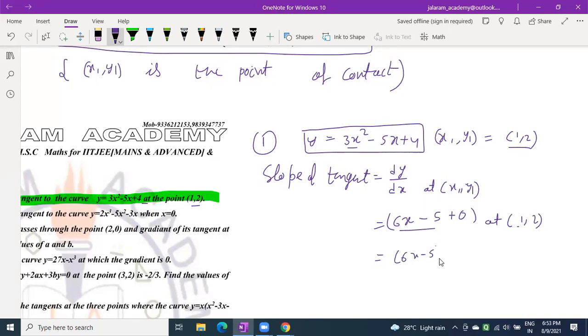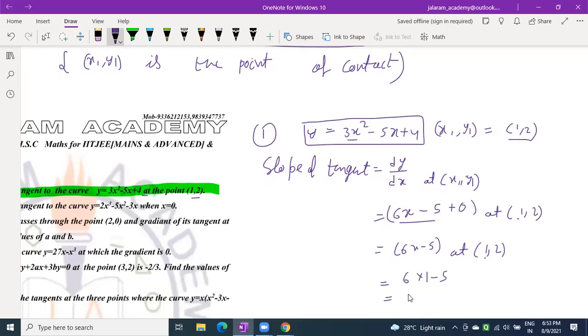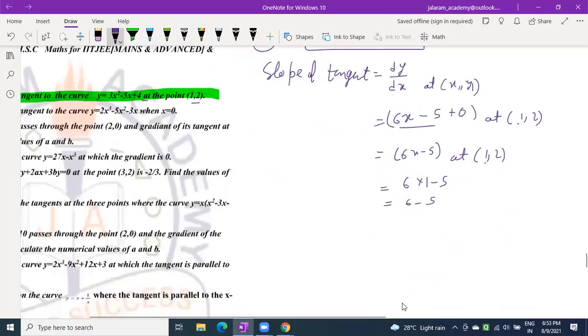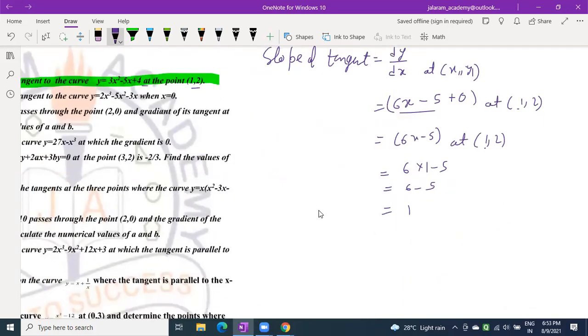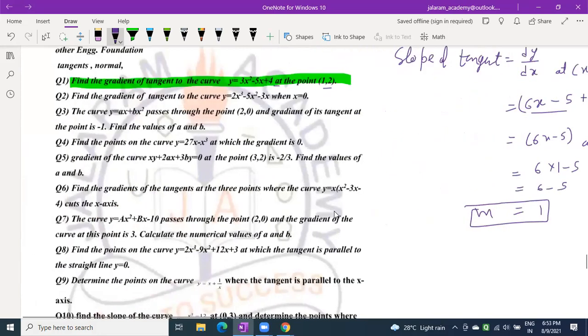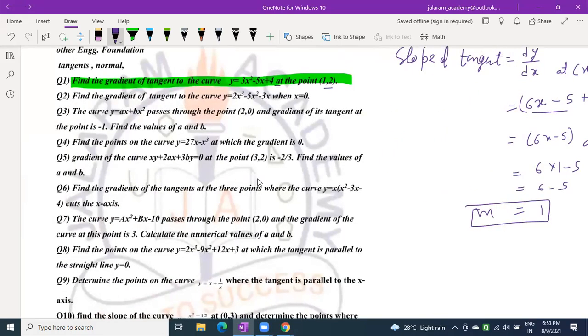If it contains y, then we use 2 also. So this time we use only x equals 1. 6 into 1 minus 5, that is 6 minus 5 equals 1. So slope of tangent is equal to 1. Gradient of tangent is equal to 1.